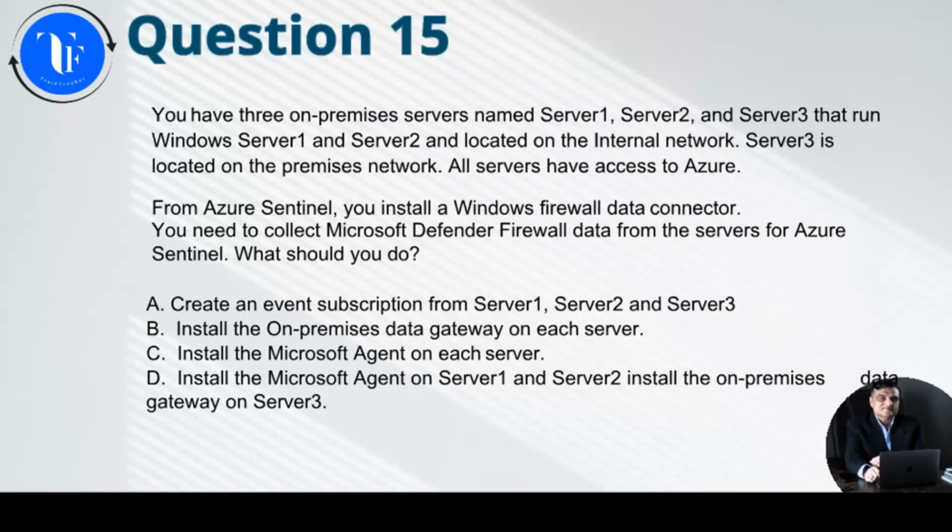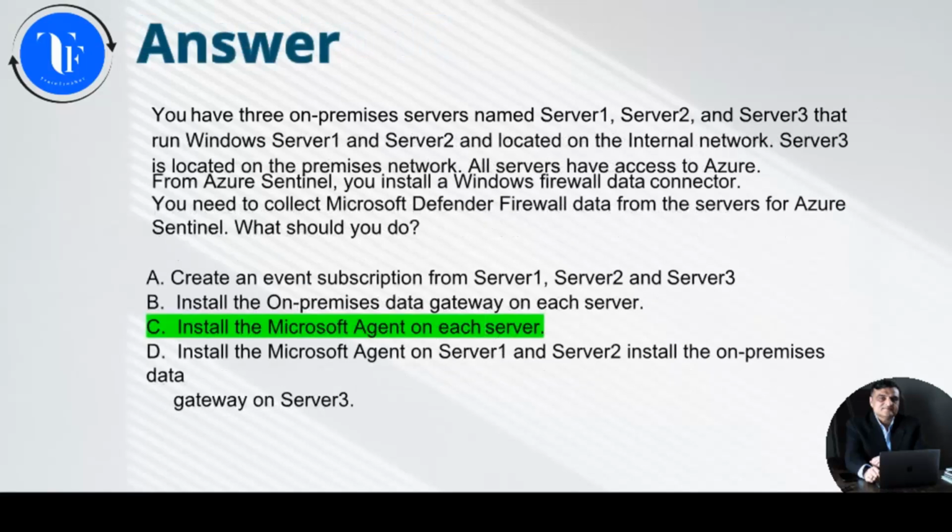What should you do? Create an event subscription from Server1, Server2 and Server3. Install the on-premises data gateway on each server. Install the Microsoft agent on each server. Install the Microsoft agent on Server1 and Server2, and install the on-premises data gateway on Server3. Answer C. Answer is install the Microsoft agent on each server.